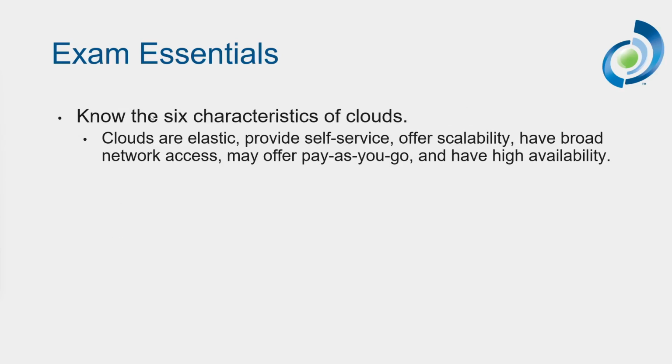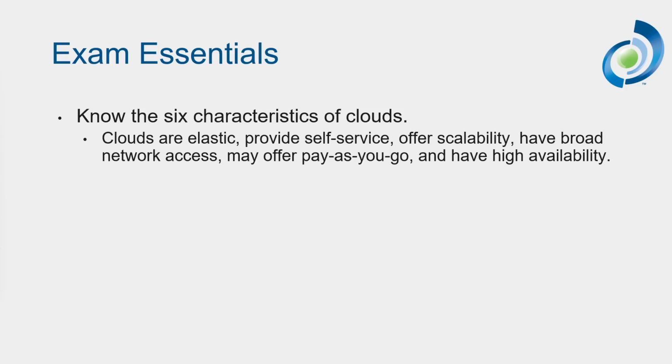Clouds are elastic, provide self-service, offer scalability, have broad network access, and may offer pay-as-you-go and have high availability. Usually whenever you think of cloud, the very first one you think of is pay-as-you-go, because that's the reason people are moving into the cloud.